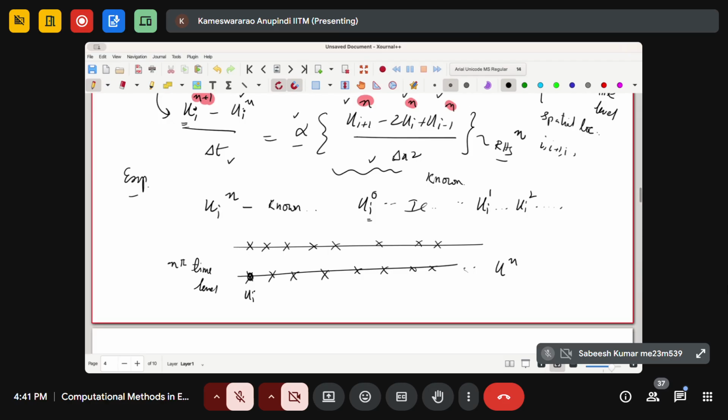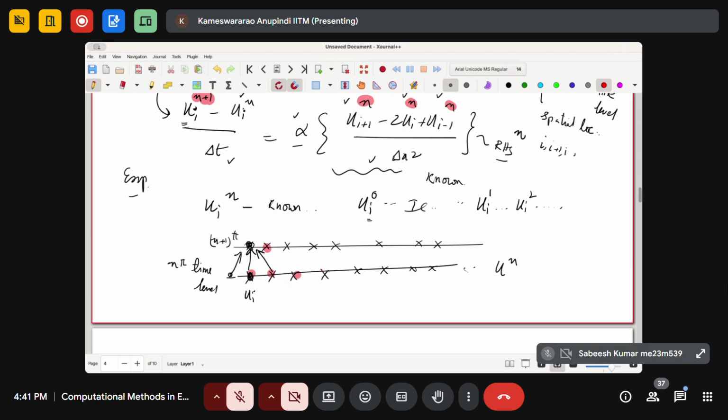So you are going to make use of u_i at n, and then u_(i+1) at n, and then u_(i-1) at n, and so on, and then calculate this thing. Then you are going to march to the next grid point, make use of this, and then calculate, and so on, right? So that is how you can calculate.